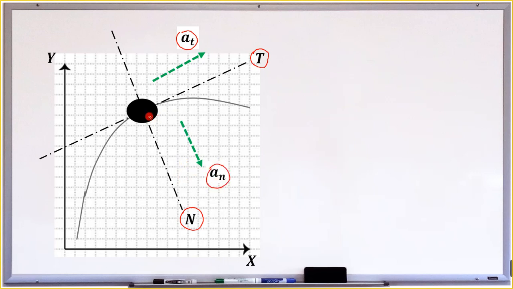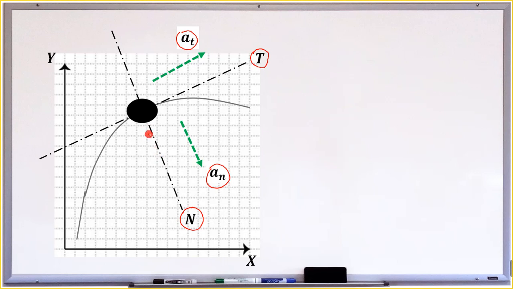Now, if we assume that this particle is subjected to external forces, we need to resolve, or sum up, those forces along these two axes, the normal and tangential. So let's start with the normal axis.